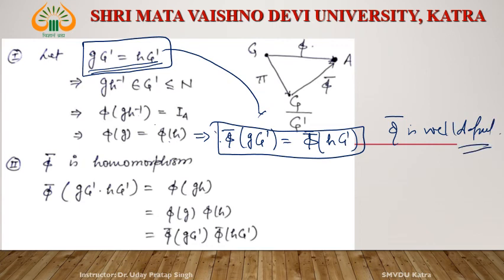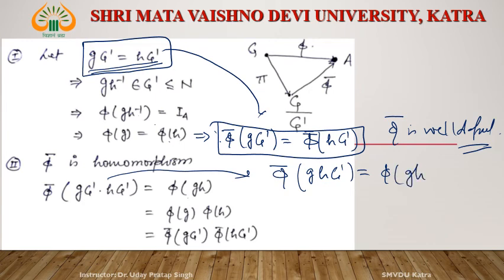Okay. Now next, phi bar is a homomorphism. Then phi bar of g G prime h G prime is equal to phi of gh, right? This thing equals phi bar gh G prime, and this is equal to phi gh. And what is phi gh?